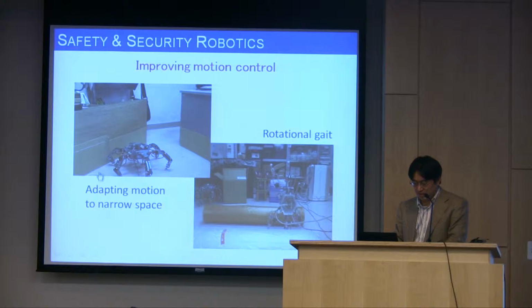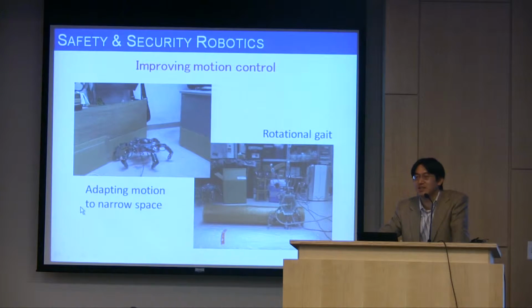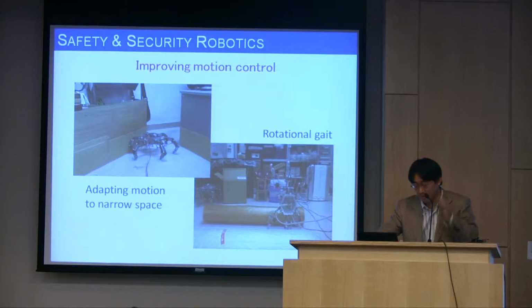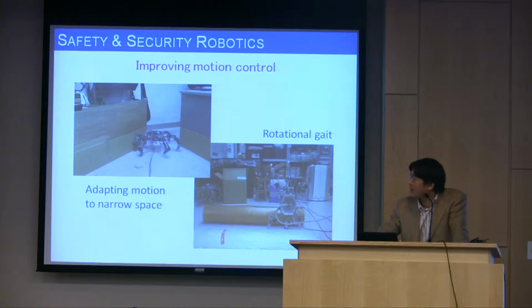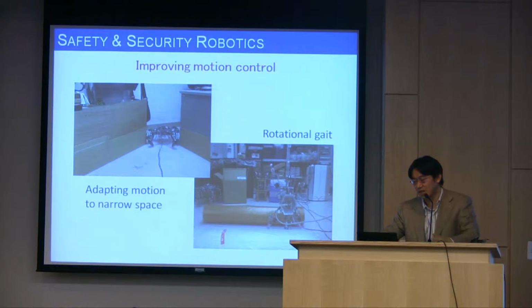This is a motion to go into a narrow space. The previous slide showed a motion that we predetermined. But this one automatically adjusts to the environment by checking the touch to the environment, so the robot changes its shape, adapting to the environment.